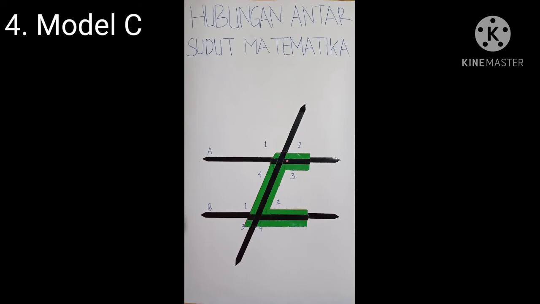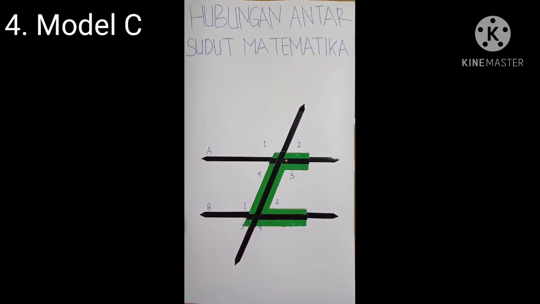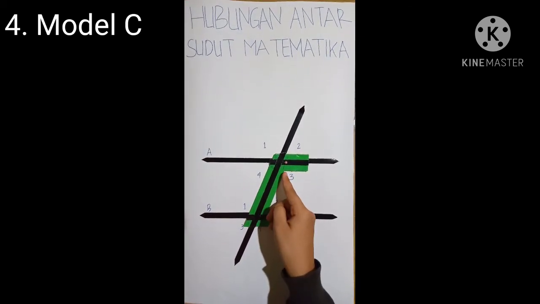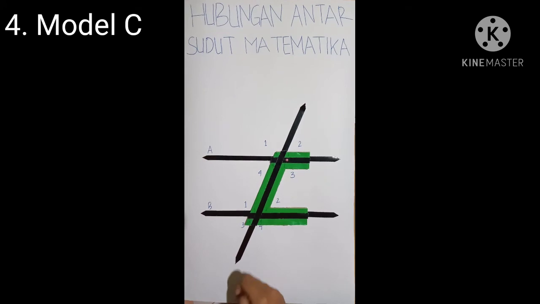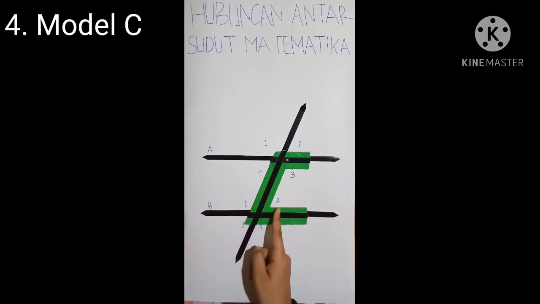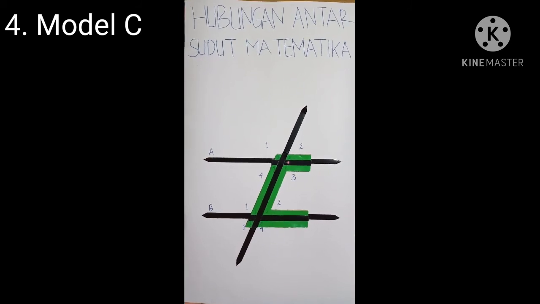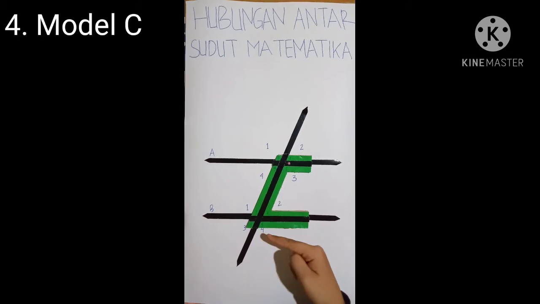Pay attention to the names of the angles on model C: angles A1, A2, A3, A4, angles B1, B2, B3, and B4. We prove that angle A2 and angle B4 are straight angles.